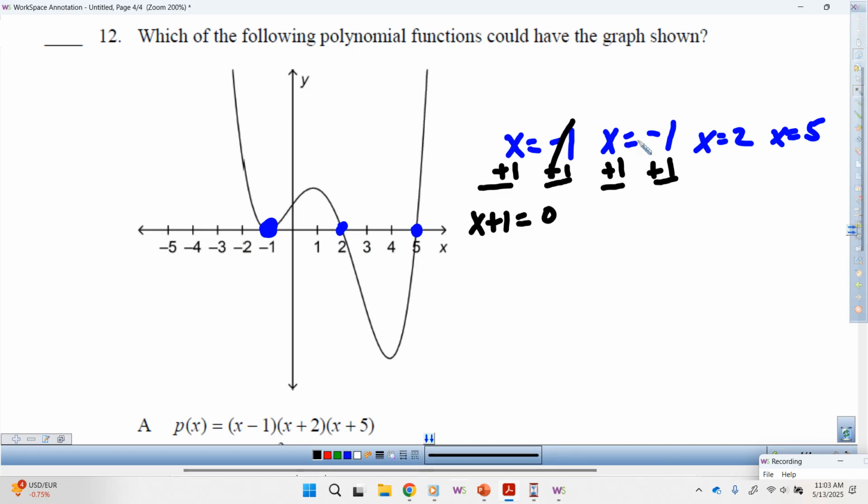We're left with x + 1 equal to 0. Next one, add 2 to both sides, x - 2 equal to 0. Add 5, x - 5 equal to 0.